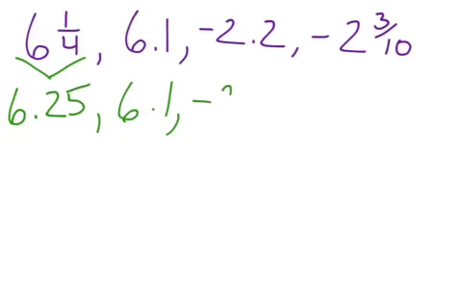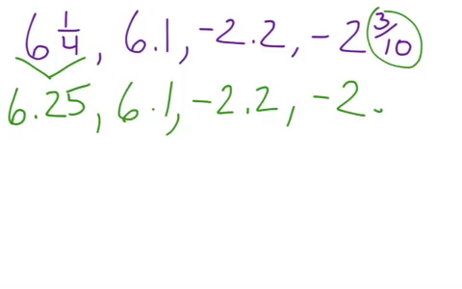Then we have 6.1, -2.2, and -2 3/10. -2 stays the same, and 3/10 is 0.3, so it's going to be -2.3. Okay, we know for sure that negative numbers, of course, are smaller than positive numbers, so those are going to be our first two.